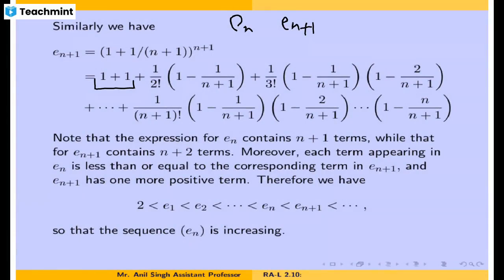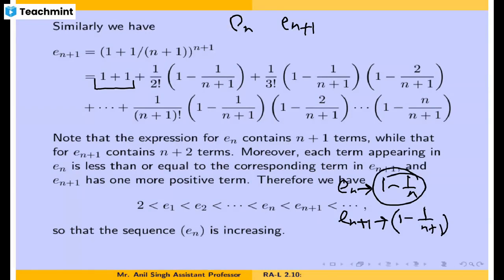In E_n, the third term, if we have 1 upon n, this is in E_n, and in E_{n+1}, in multiplication with 1 upon 2 factorial, I have the term 1 upon n plus 1. And clearly, which term is the larger? The term which has the denominator n plus 1 is the larger, clearly.